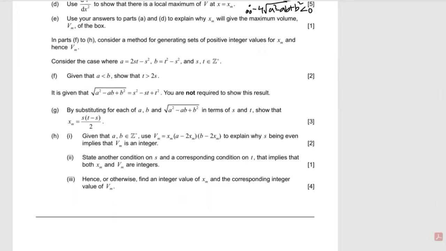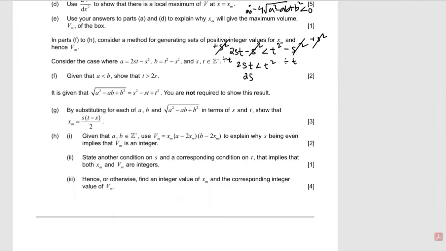Okay, in order to do that, I can put 2st minus s squared less than t squared minus s squared. So you can add s squared to both sides, which gets rid of the s squared. So you have 2st less than t squared. Now divide by t on both sides. These are integers, remember.